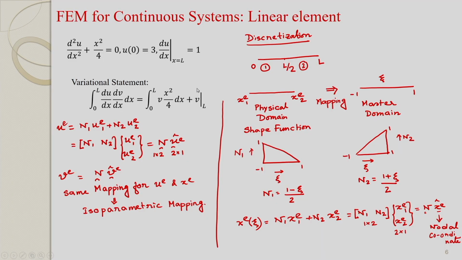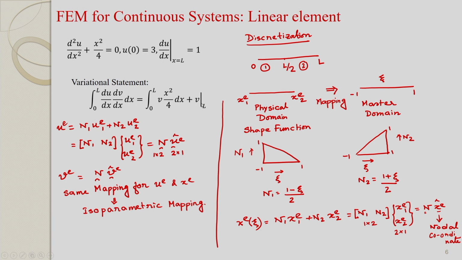You remember that the boundary term will be v du dx from 0 to L. Now, at x equal to 0, u is prescribed. So, v is 0.